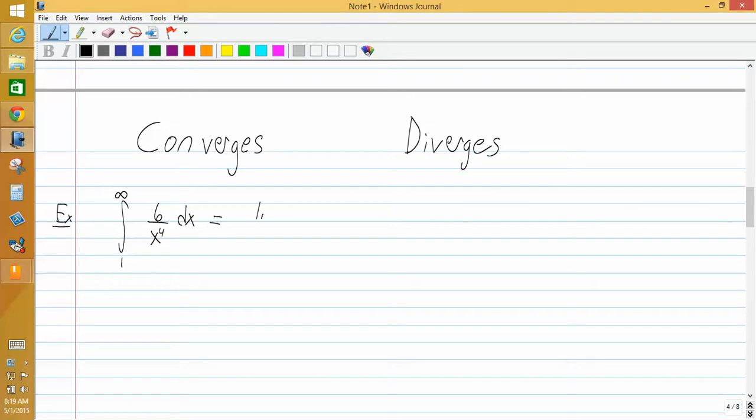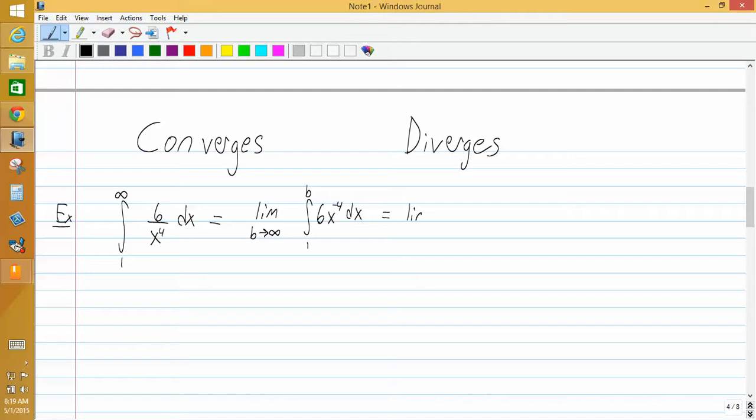Alright, so this is equal to the limit as b approaches infinity of the integral from 1 to b of 6 over x to the 4th dx. If you want, you can write that as 6x to the negative 4 to help you do your integration.